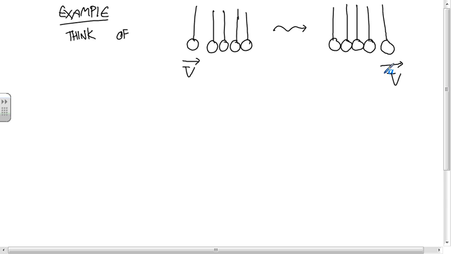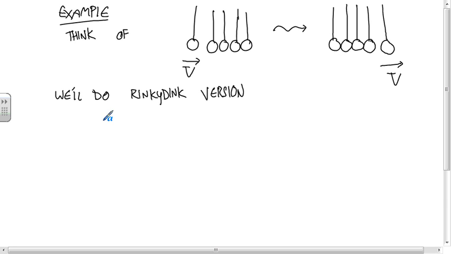We'll do the rinky-dink version. We could do this, it would just take a lot of time because we have to deal with ball after ball along this string.